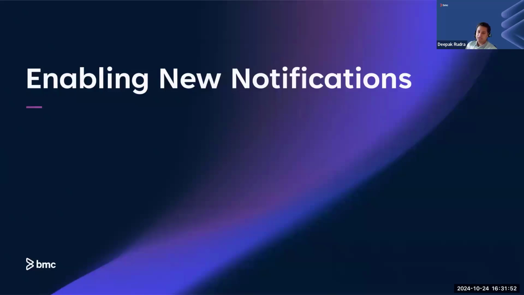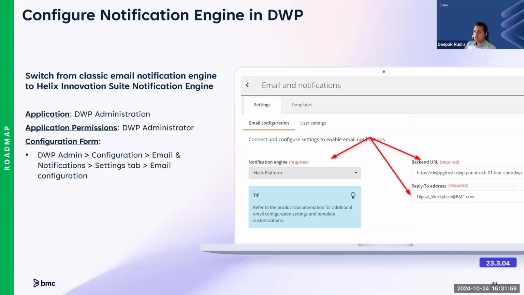Now, the last part is very important, which is essential. Without this, you cannot have the new notification engine enabled. There is a new configuration that we have introduced in DWP administration. So in order to do this, you need to be DWP admin, go into the DWP administration application, and then under the email notification settings tab, you will see email configuration.